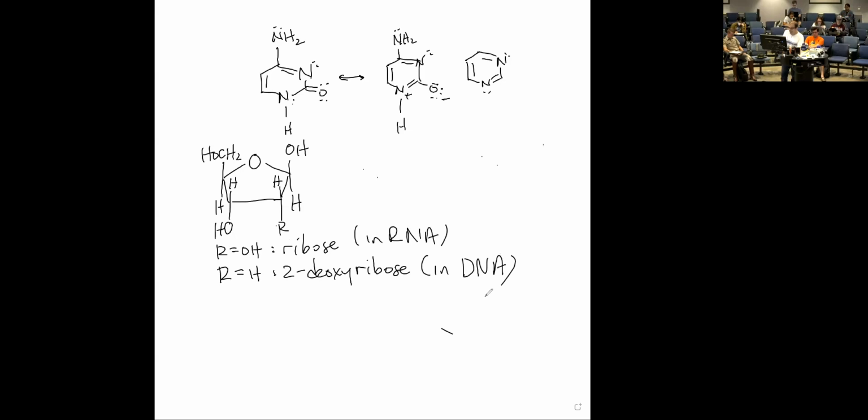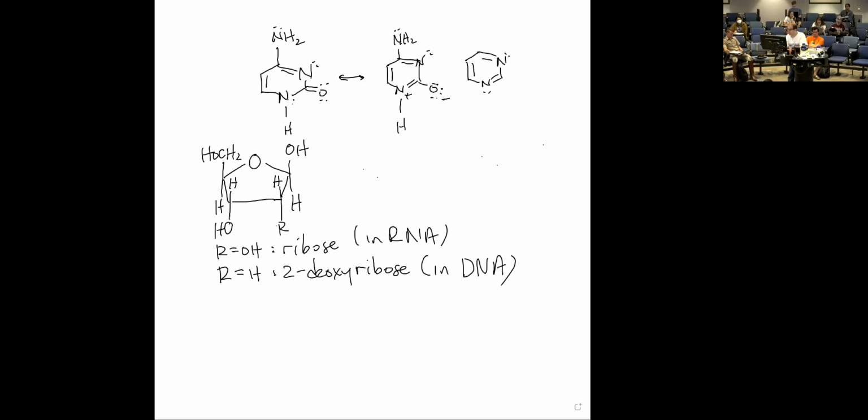And in order to make a nucleoside, we need to combine the ribose or deoxyribose with one of these nitrogen bases over here. And they must be combined in a particular certain way. Certainly we will go over that, but that's what we'll get to next. But I've already defined nucleosides. I just want to show you where.